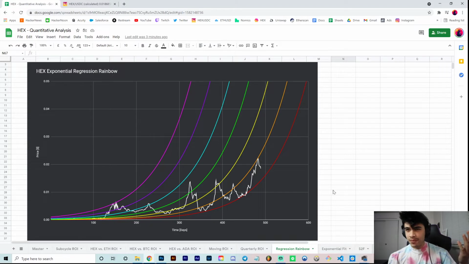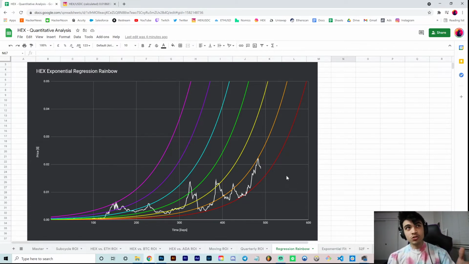So give it anywhere from 4 years or more to actually have any use from making a logarithmic regression model. But for now, since it's a new coin and we've seen this insane growth, I think it's better fit by something like an exponential regression model. Okay, so that's just my discretion. Again, these are just mathematical models. Never take anything I say as financial advice.